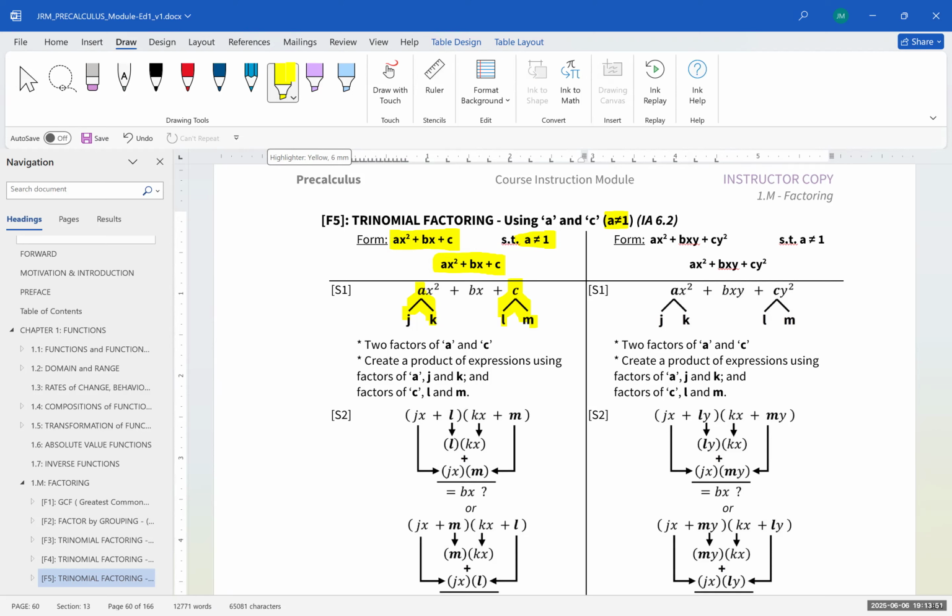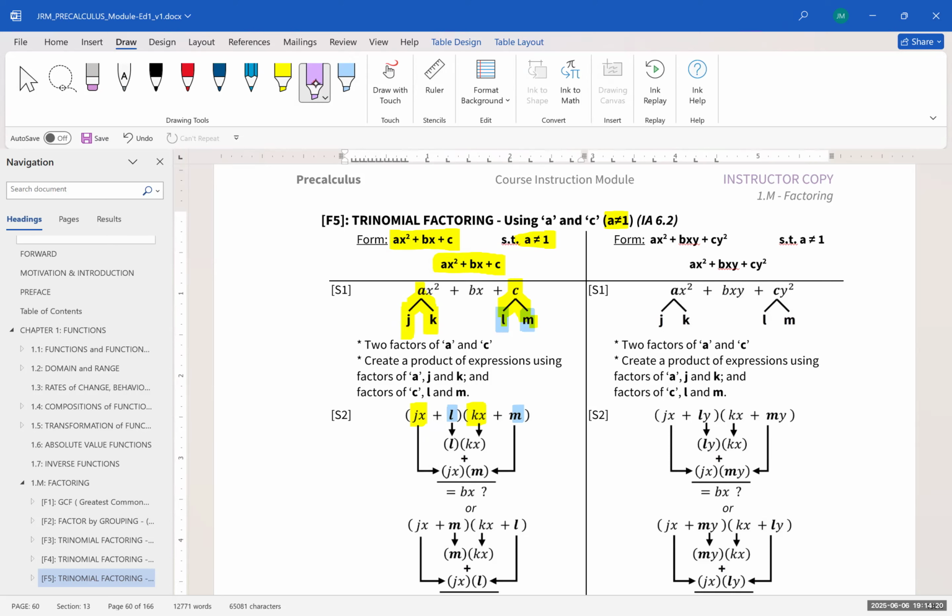what we're going to do is set up the product of two expressions like this, where J and K become the two terms here with x, and L and M become the constant terms in these two expressions.